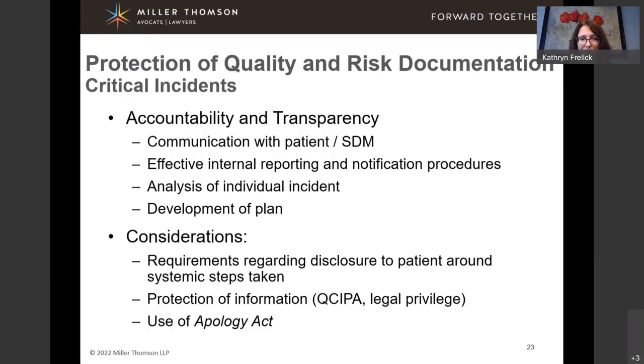There are, as you know, requirements relating to disclosure to the patient of systemic steps taken. And the Apology Act is something that's been entrenched in legislation, which allows an organization to provide an apology without it being construed as an admission of liability. And I think that's a very important part of the disclosure process where appropriate.